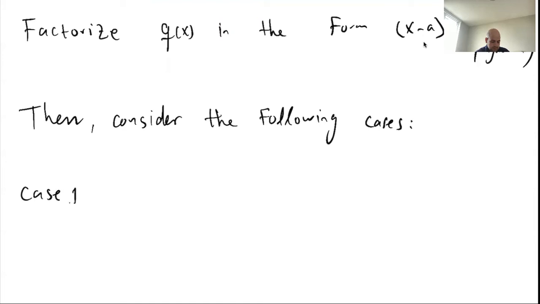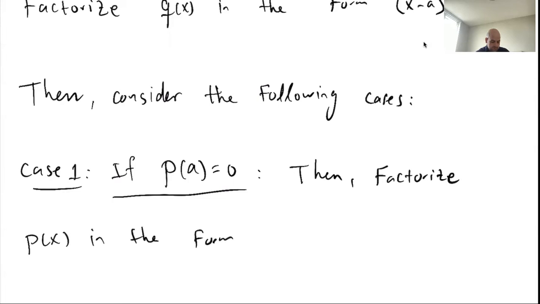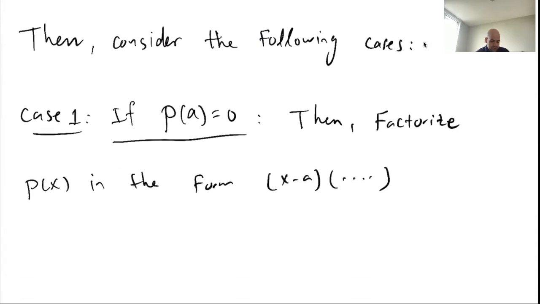Case 1, if P of a is also 0, then factorize P of x in the form x minus a, again, times another polynomial, and simplify, and then compute the limit.